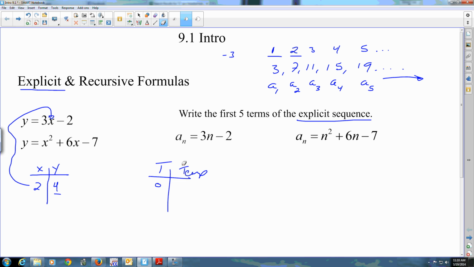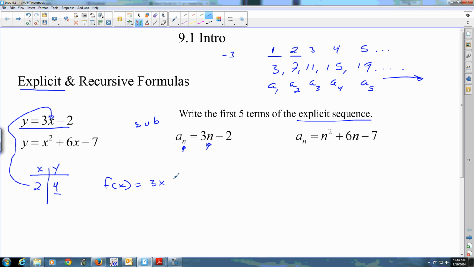So instead of calling the equations y equals, like it was here, it's a sub n, and I pronounce the word sub, a sub n equals 3n minus 2. Whatever this variable is, that's the variable that's in the equation. So it's kind of like when you guys used to have f of x equals 3x minus 2.